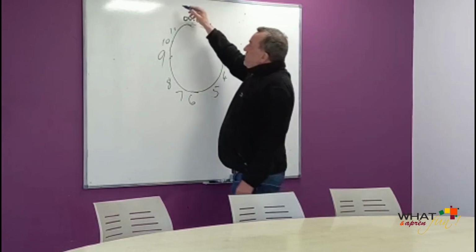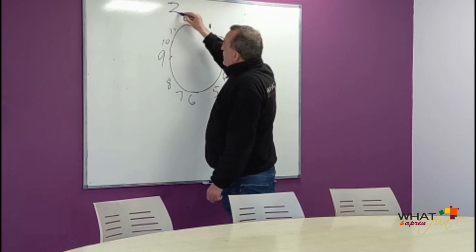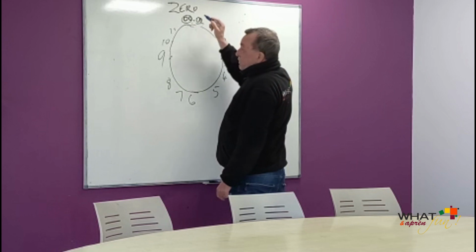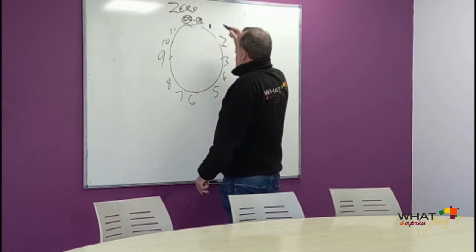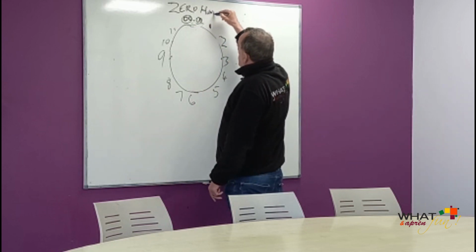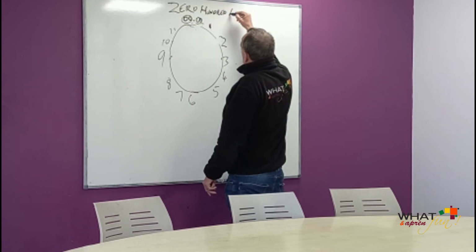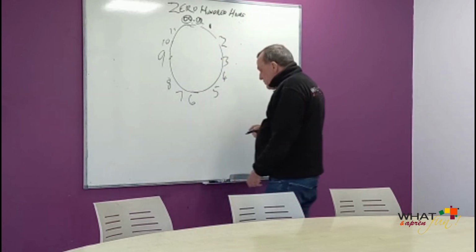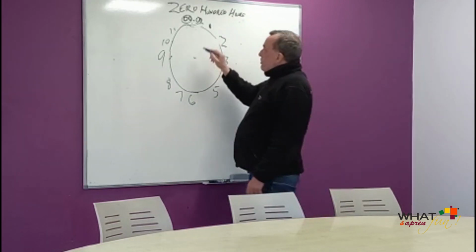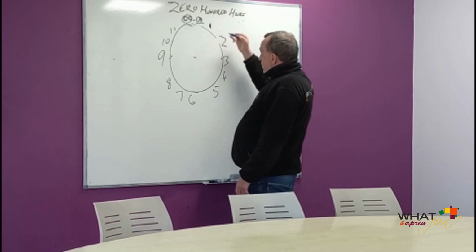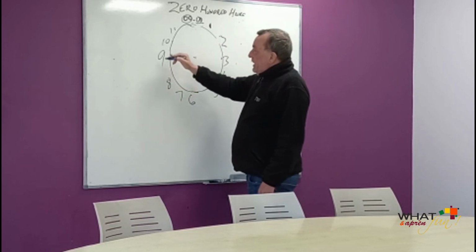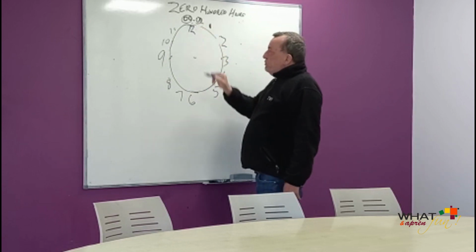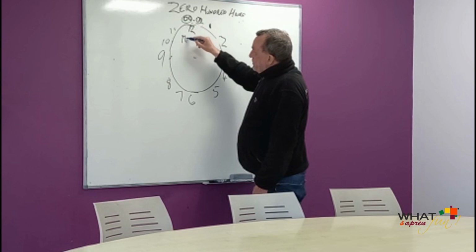0000. We call this 0 100 hours, effectively midnight. Then we have the normal time, the hours, 1, 2, 3, 4, 5, 6, 7, 8, 9, 10, 11, yes, until 12, which would be midday.